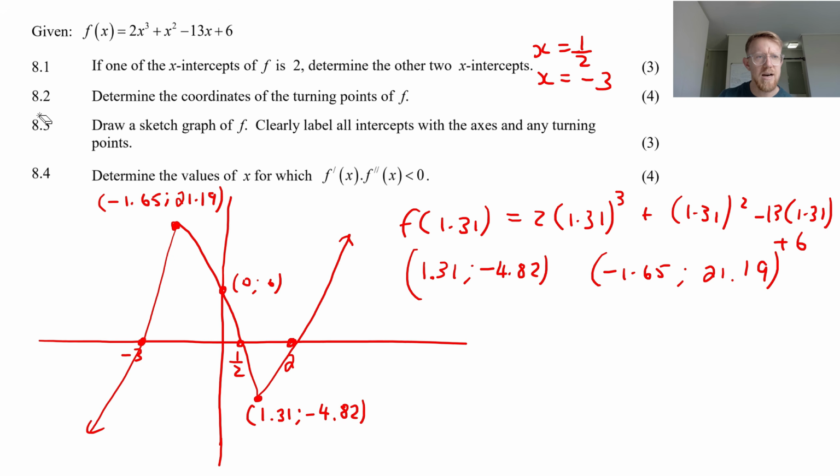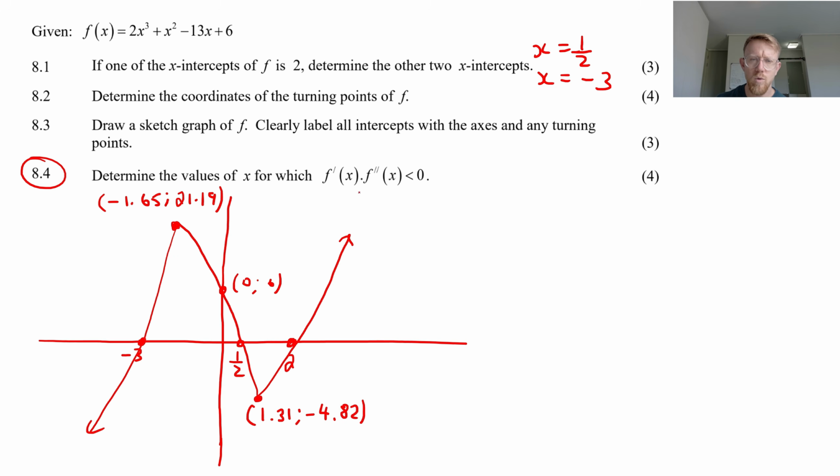Okay, now this question here says determine the values of x. These are really straightforward, because remember that method that I've showed. All they're saying is that this part multiplied by this part must be negative. Remember, this is smaller than 0. So how do you multiply two things together and get a negative?